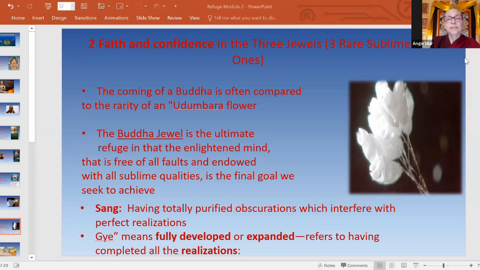So the word in Tibetan is Sangye. As we can see here, Sangye means having totally purified obscurations which interfere with perfect realizations. This is Rinpoche's translation, but Sang means one who is totally purified, so has no more faults. Faultless.